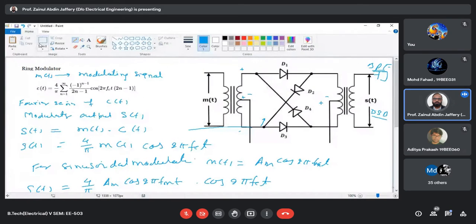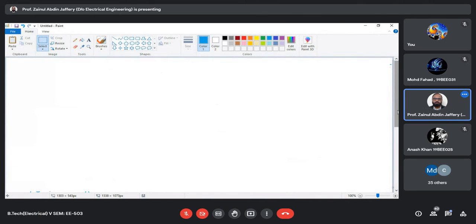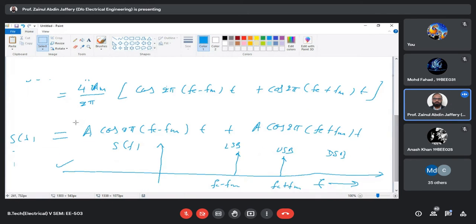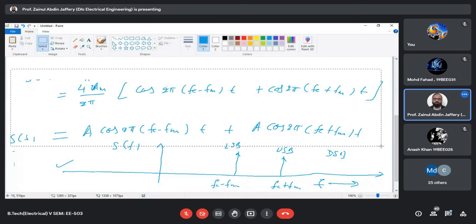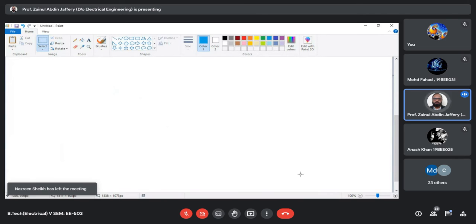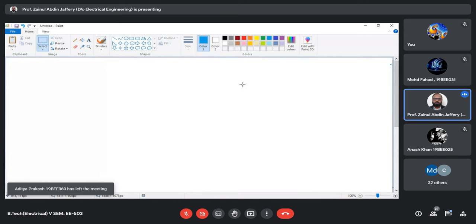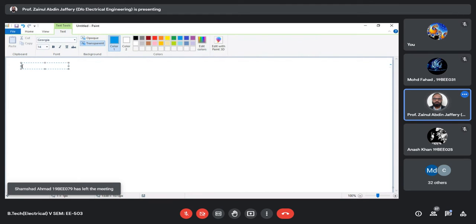अब हमारे पास रह क्या गया, इसको पूरा डिलीट कर। So now let us say single sideband, right?